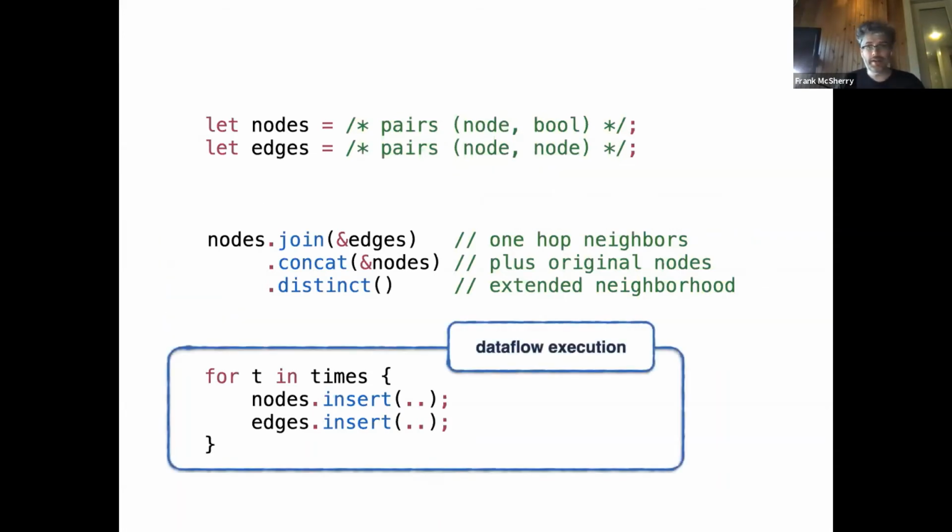And having now defined our query, we move into the more interactive, incremental part of the computation where we get to start advancing time and playing around with these nodes and edges collections. In the example so far, we might add a whole bunch of data into nodes, add a bunch of data into edges. So we populate them with initial nodes of interest and whatever our initial edges in our graph happen to be.